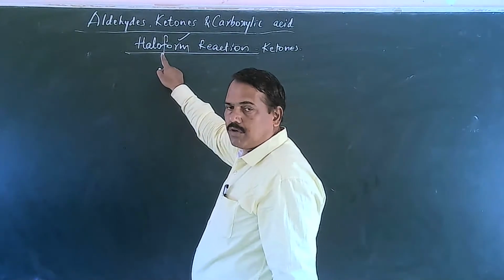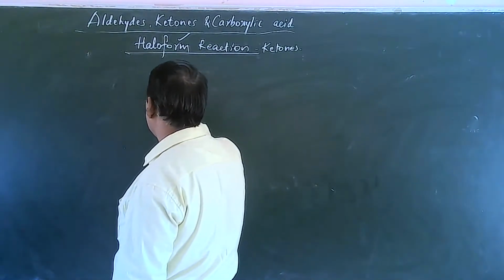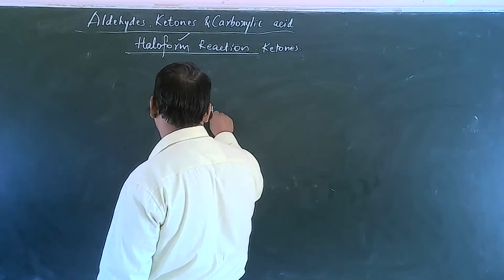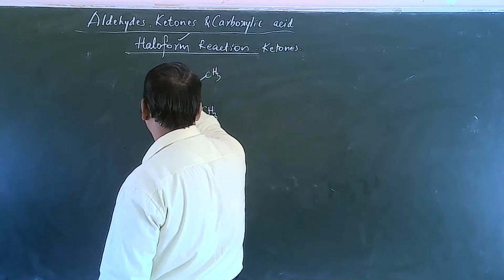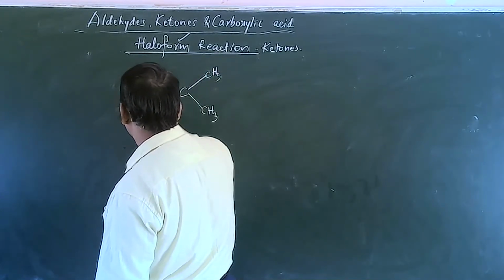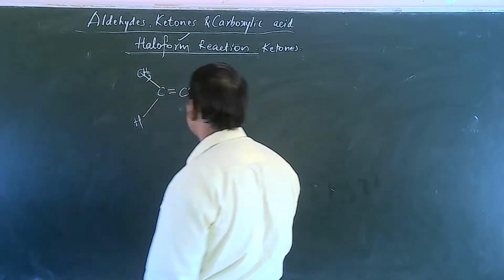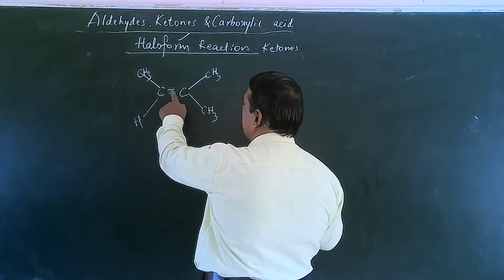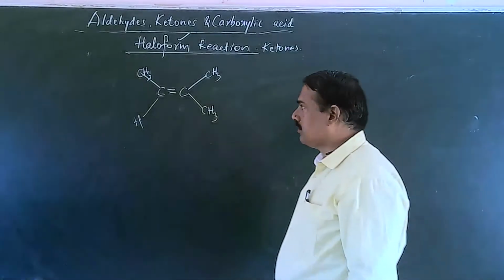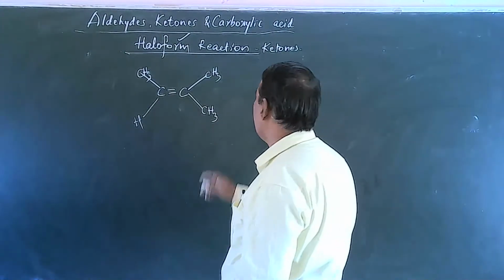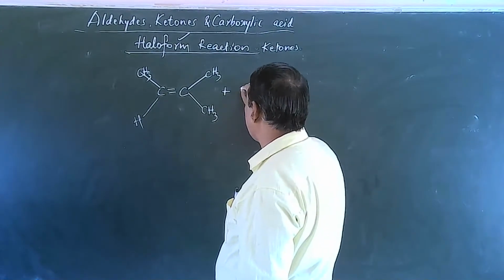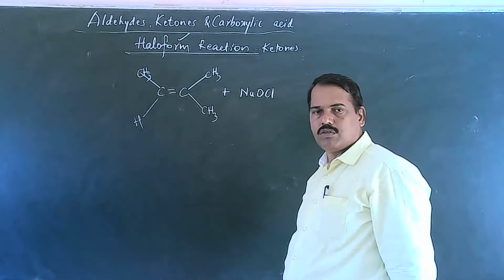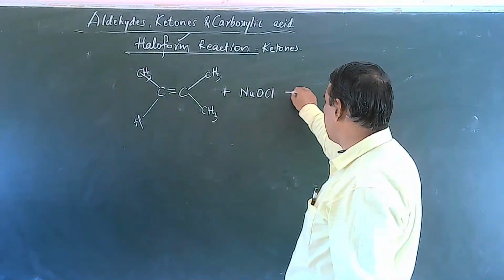In the haloform reaction, see particularly C double bond O, and here we have CH3, here again one CH3, and here it may be H. See, CH3 C, when it reacts with sodium hypochlorite NaOCl, see what happens here?